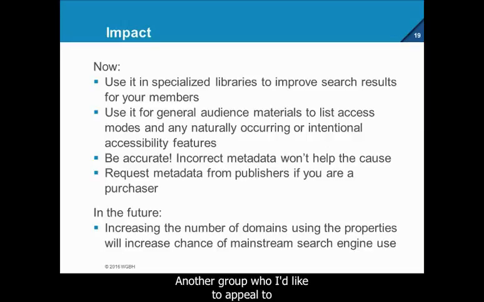Another group who I'd like to appeal to start making efforts now is schools, libraries, other institutions that purchase books. If you are purchasing books, especially digital books, you can start now to ask publishers to provide you with accessibility metadata. So we can put a little bit of incentive on the purchasing side by letting publishers know that this is something that the market values, and we'd like to see more accessibility metadata in the publishers' catalogs so that your institution knows what you're getting when you buy a book, or so that your students can make better choices.